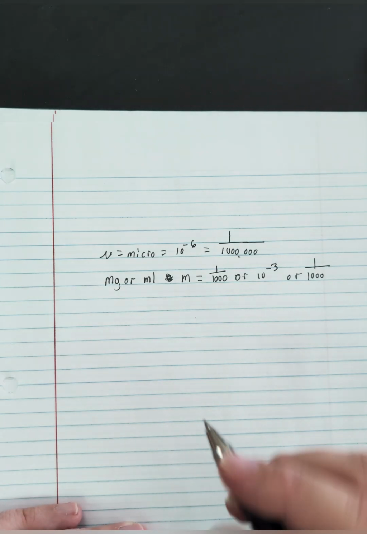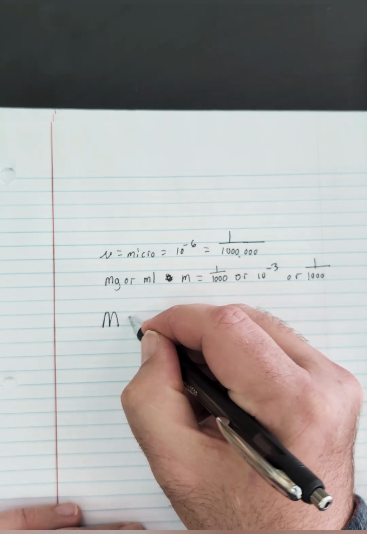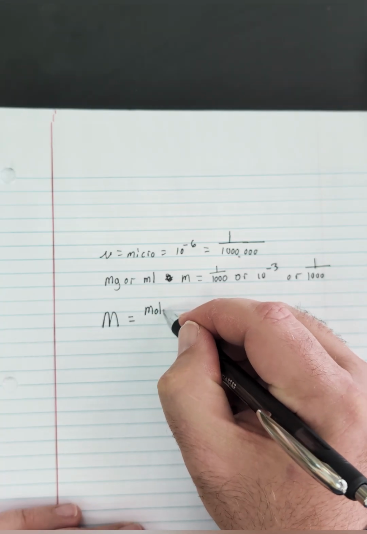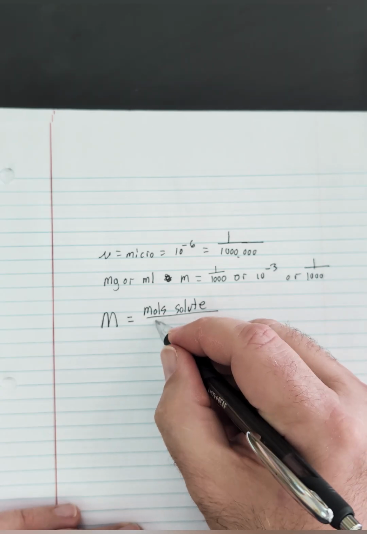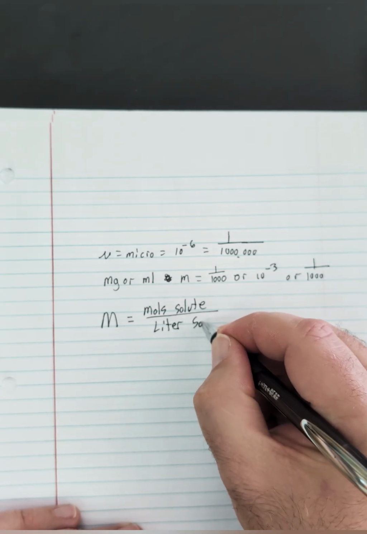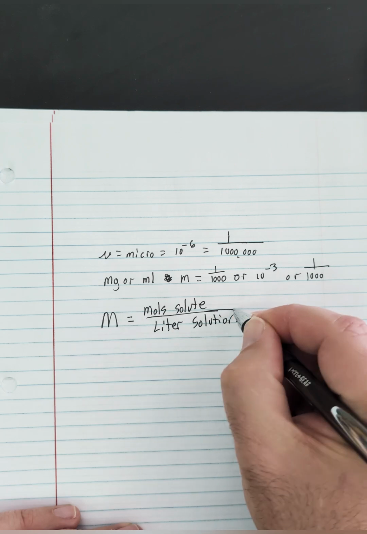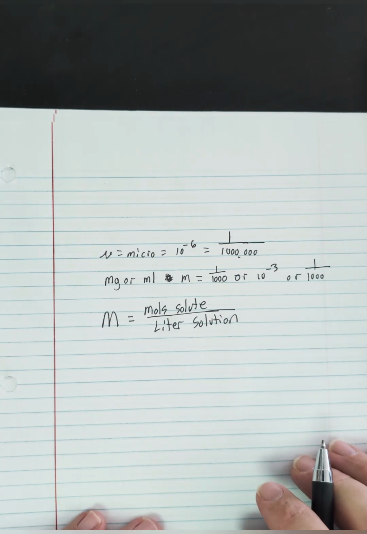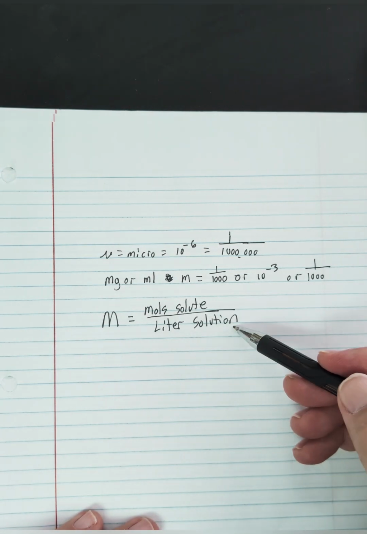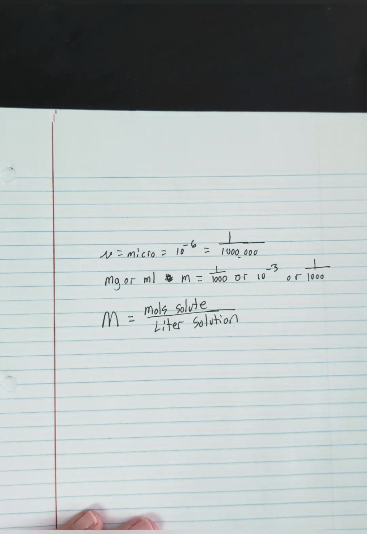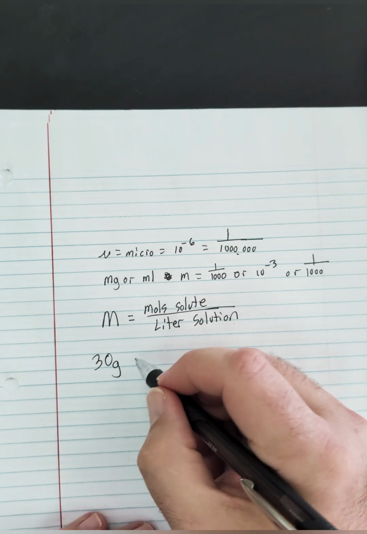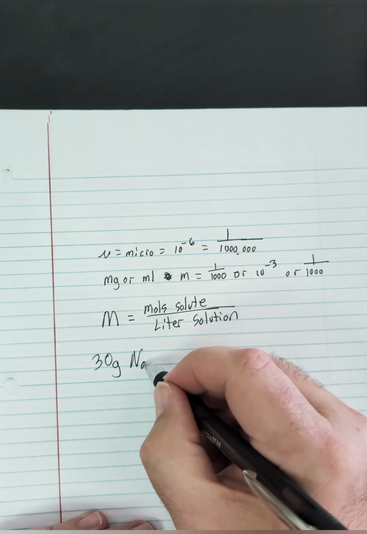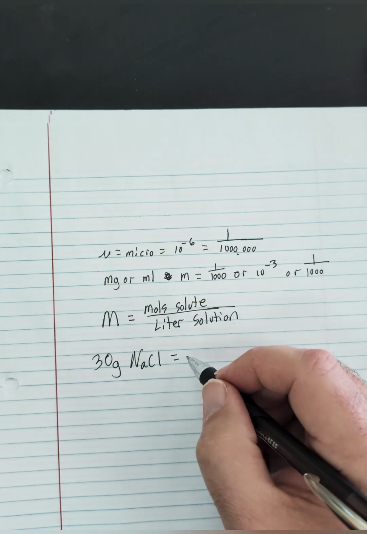All right, remember molarity, capital M, is equal to the moles of the solute divided by the liters of the solution. Okay, it is straightforward. If you know the moles and you know the liters, then you can figure that out. If you're given grams, like let's say they say you have 30 grams of NaCl, well, then you have to figure out the molar mass.